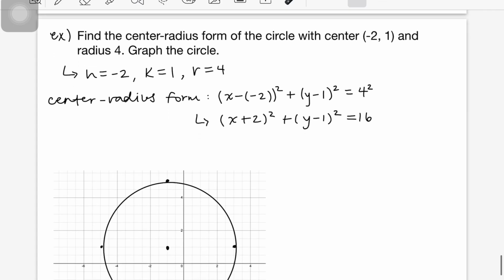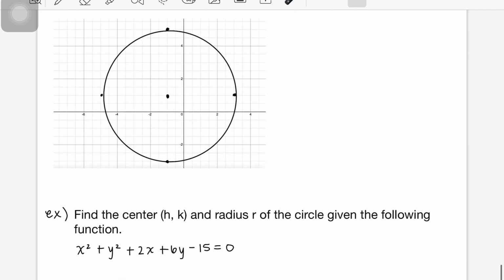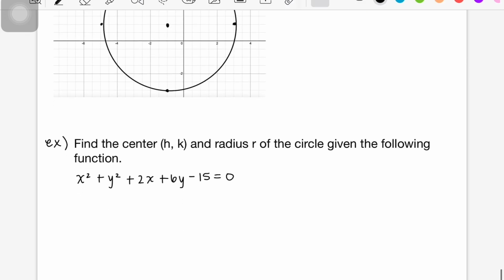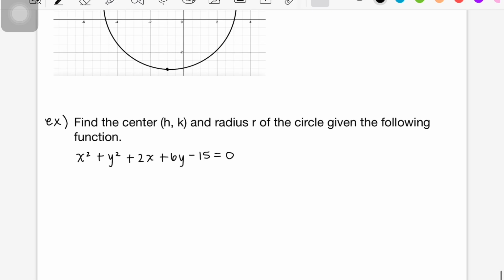So we should also be able to find the center and radius of a circle given by a function that looks like this. And so in this case, we're gonna complete the square in order to find our HK, or our center of our circle. Sorry, not our vertex.